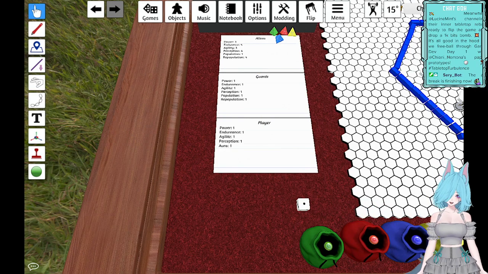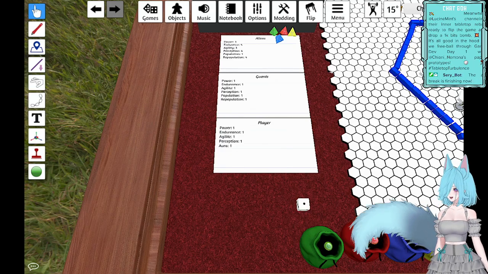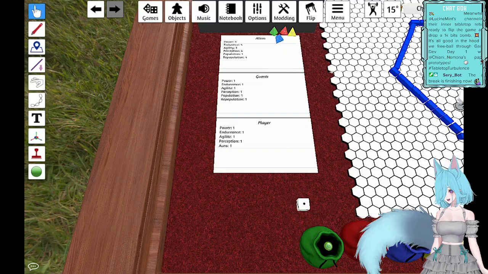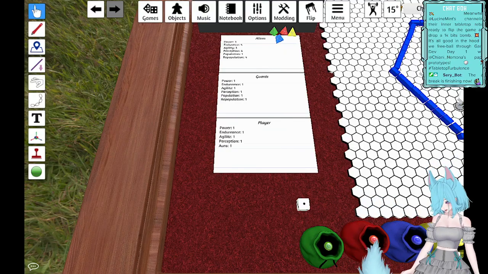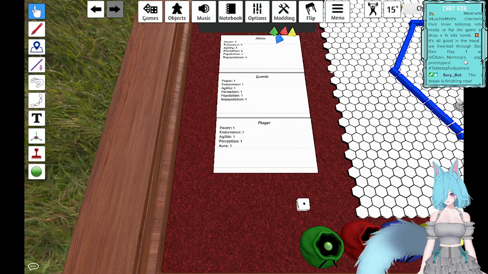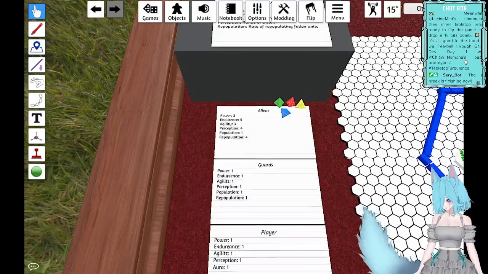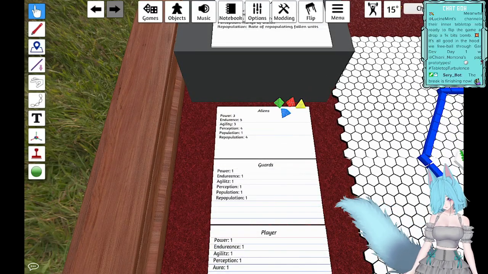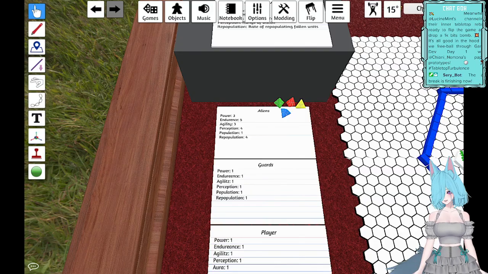Which means next turn, in the first battle, we're gonna have to deal with 5 aliens. That is a considerable first force that we're dealing with.